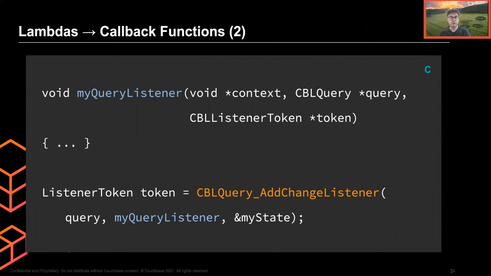So if you've used a C API before, you've probably done this kind of thing, where there's a function that you need to declare in your own code, and one of the parameters it takes is called a context, just a void star. And when you register this callback function, you pass it a pointer, that's that address of my state at the end there. And that pointer will get passed into your listener when it's called, and that lets you get at the context that you need.